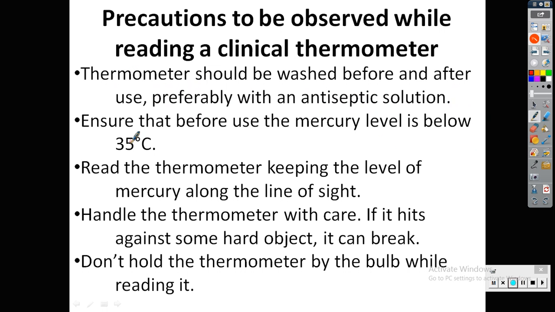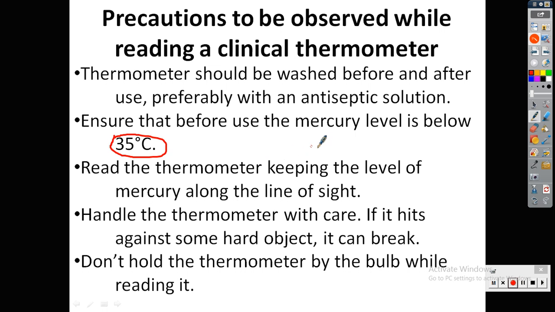You might have seen that the sister or nurse shakes the thermometer very hard, 2 or 3 times before measuring. Why does she shake that thermometer? Actually she wants to ensure that the level of mercury is below 35.